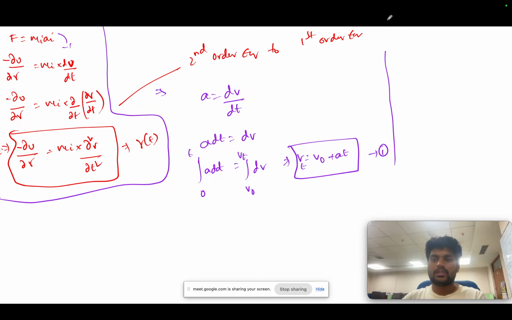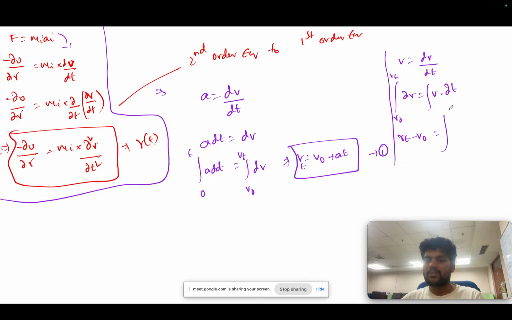And the second equation is v equals dr by dt, and dr equals v into dt. If I apply the integration from r0 to rt, we get rt minus r naught. So we know what v naught is here.